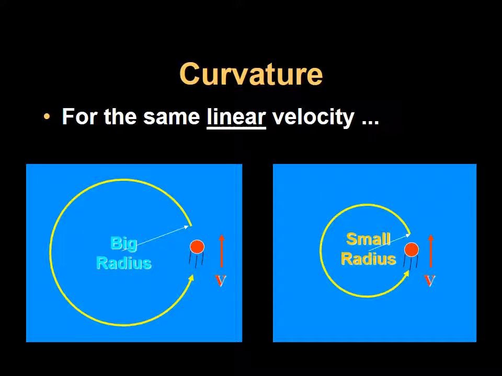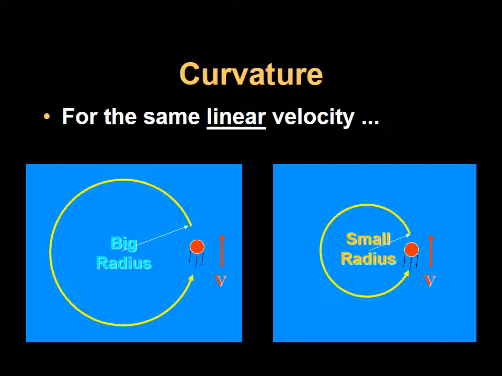But we have air flowing on the left around a big curve and air flowing on the right around a tighter curve. So you have a big radius and a small radius. Radius is the distance from the center out to where the wind is. You can see the radius on the left is greater, and on the right it's less.